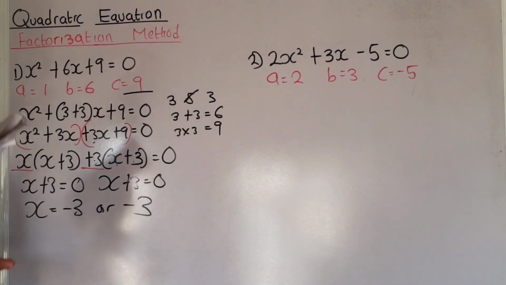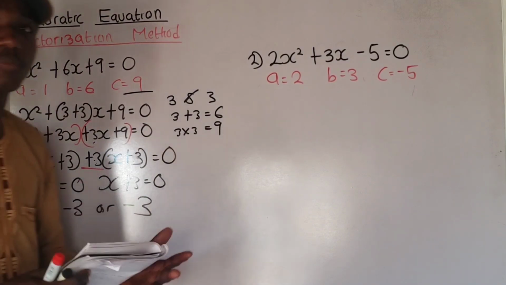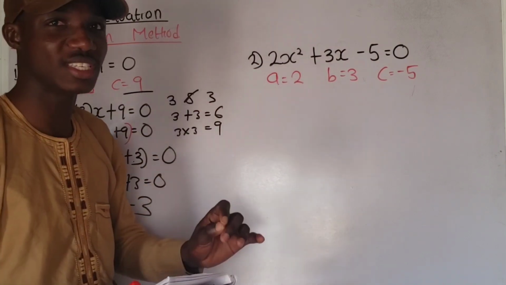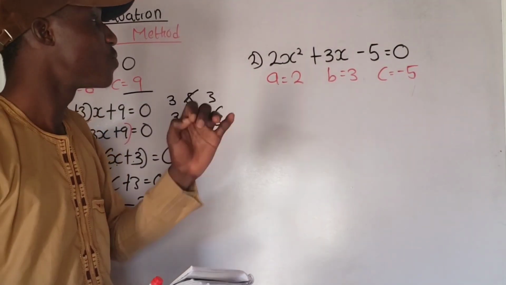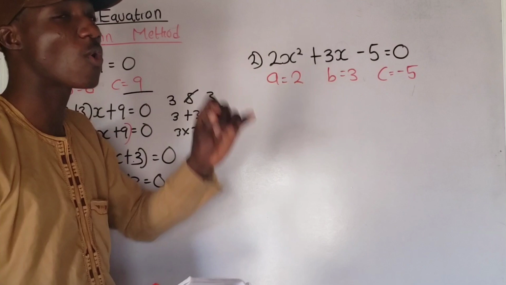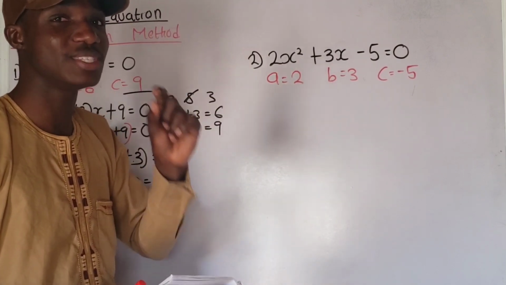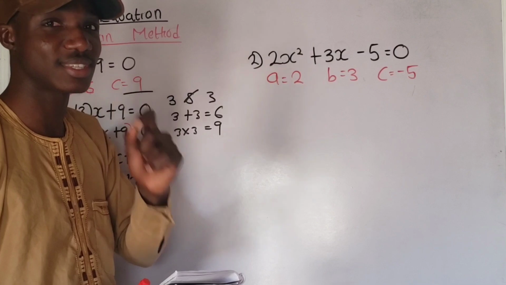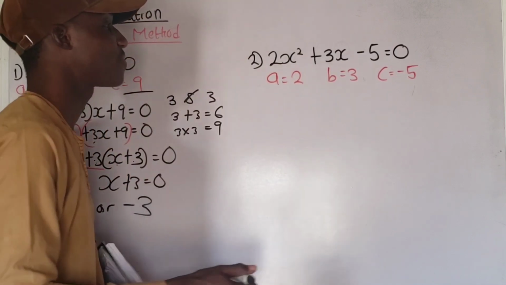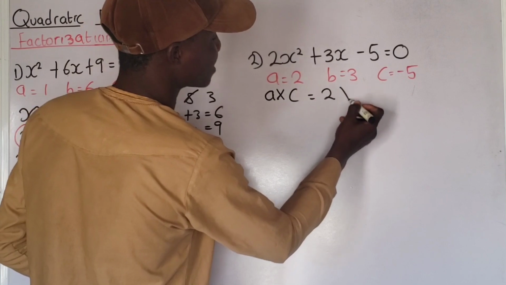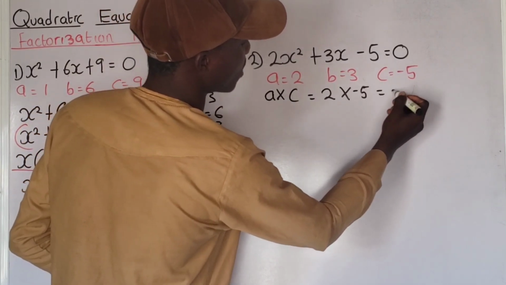We have to first take this step. Because a is not 1, we have to first take the product of the first term and the constant term. The first term is a and the constant term is c. So here I'm going to have a multiplied by c, which equals 2 multiplied by negative 5. Here I'm going to have negative 10.